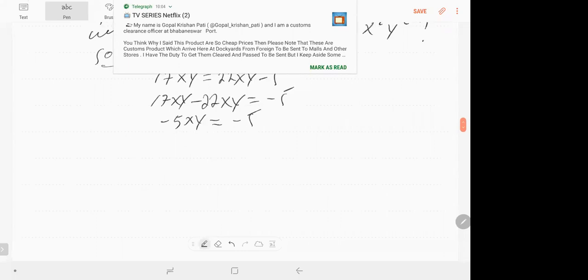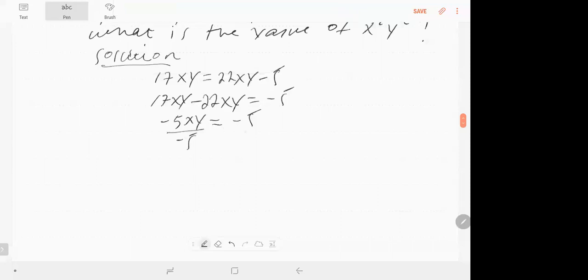When we divide both sides of the equation by minus 5, minus 5 over minus 5, the minus 5 cancels out. So what is left? x times y. Negative by negative, 5 by 5 is equal to 1. So x times y is equal to 1. But we are asked what is the value of x squared y squared.